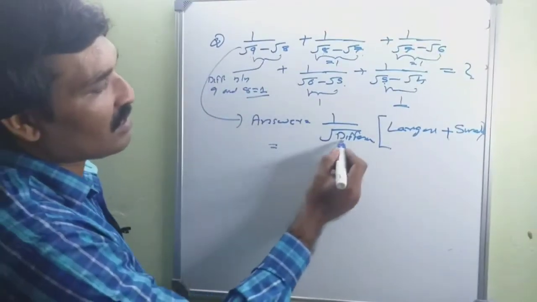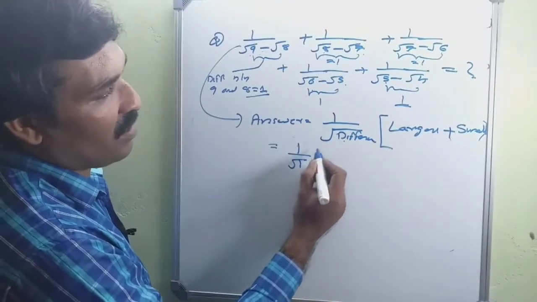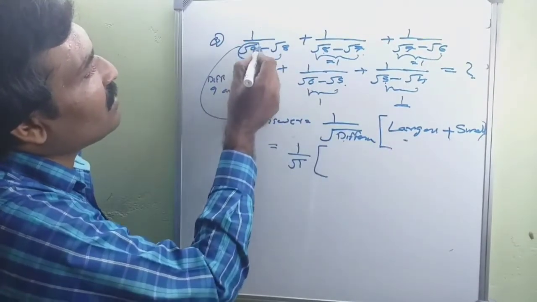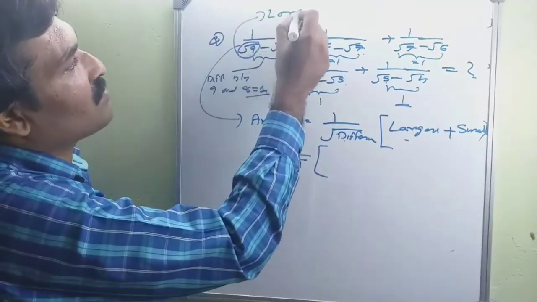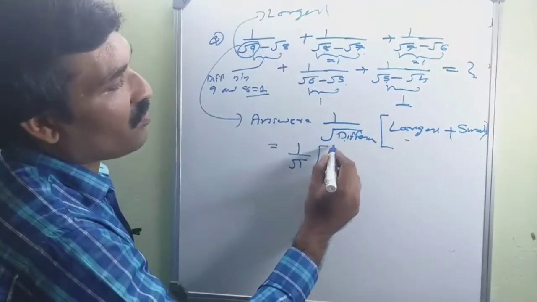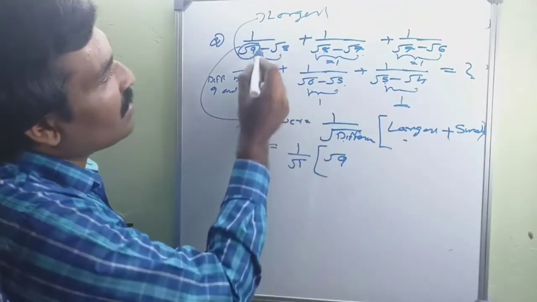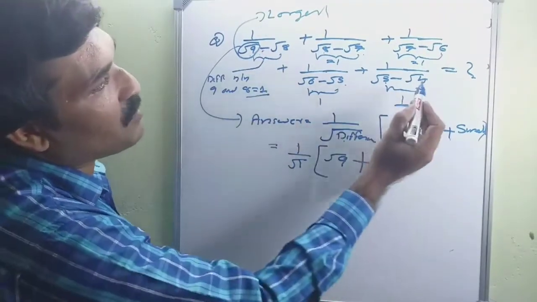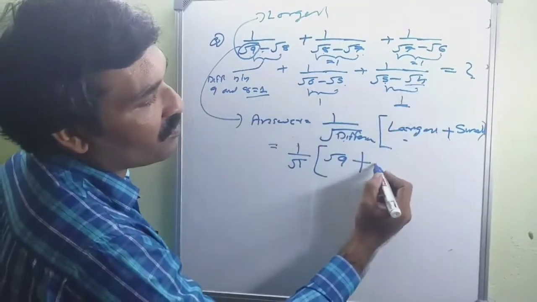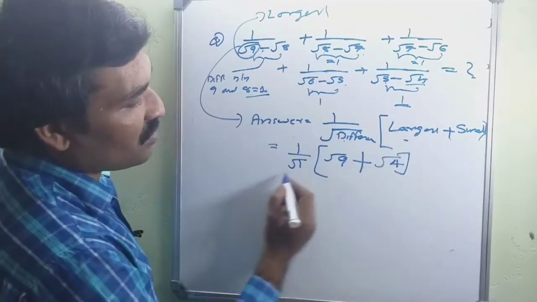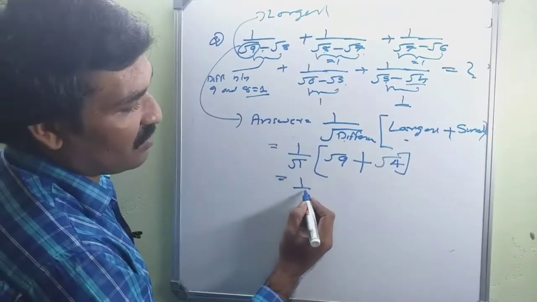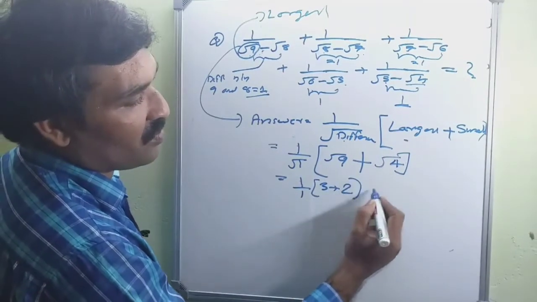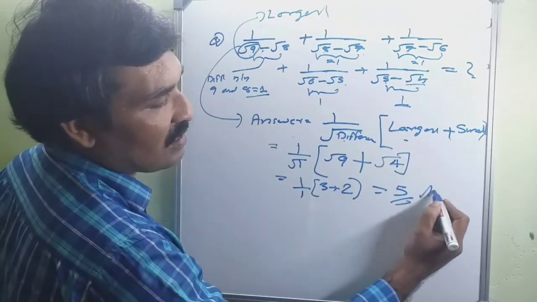So what is the difference? 1 by root 1 into, what is the largest? Here the largest number is root 9. Here it is minus, so we plus, and the smallest number is root 4. So 1 by root 1, that is 1 by 1 into root 9, 3, plus root 4, 2. So 5 is the answer.